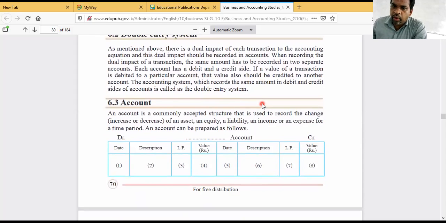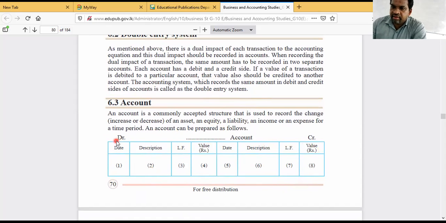Then, when you apply the double entry system or principle, we have to record business transactions in accounts. So, now we have to understand what is an account. Here, you are given a format of an account.